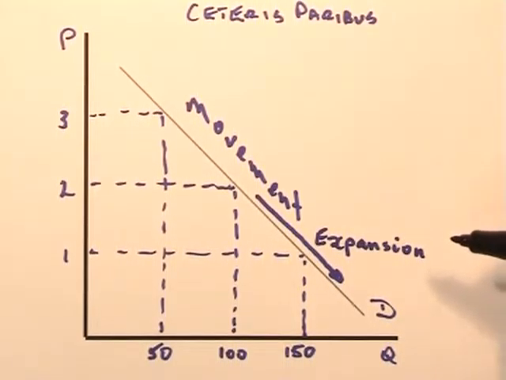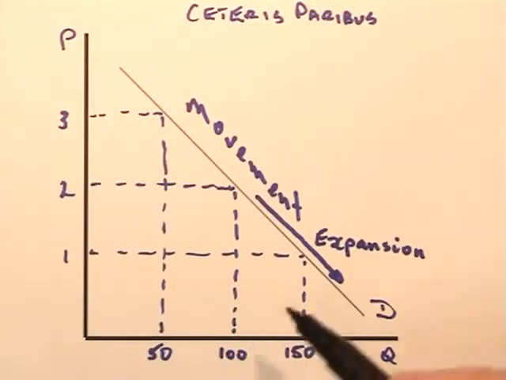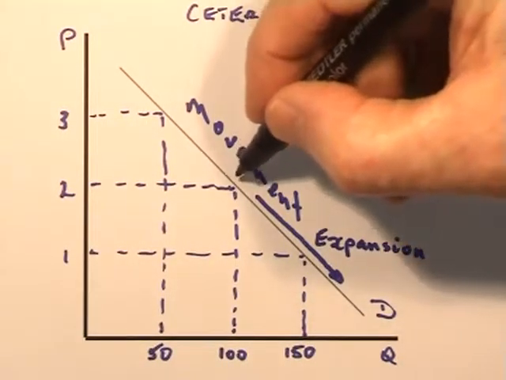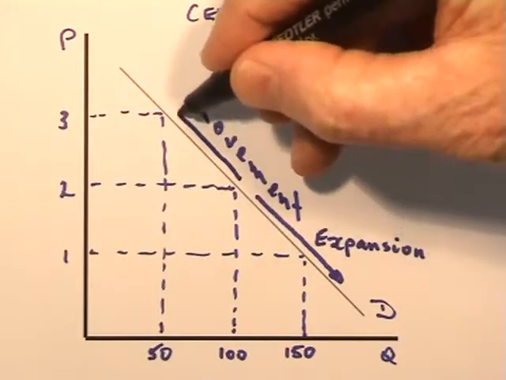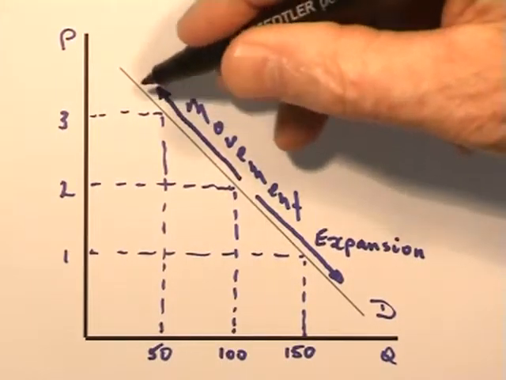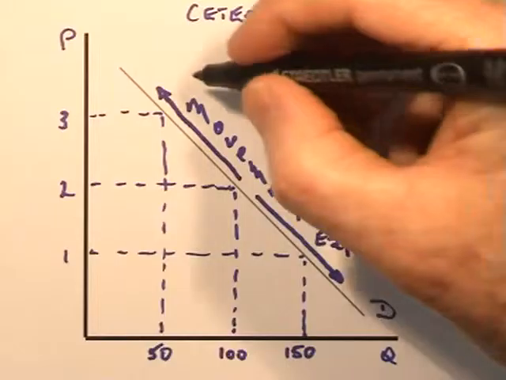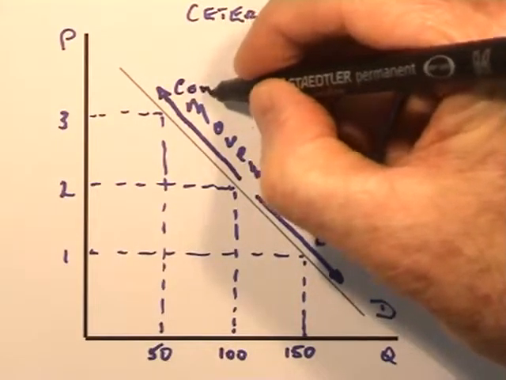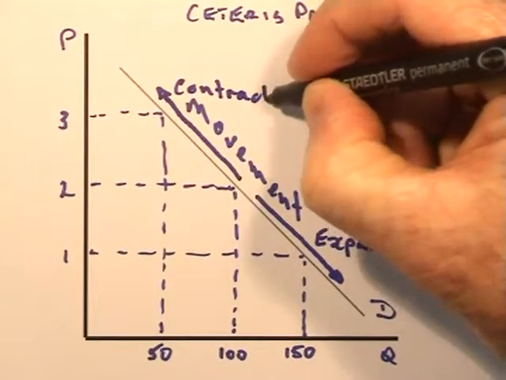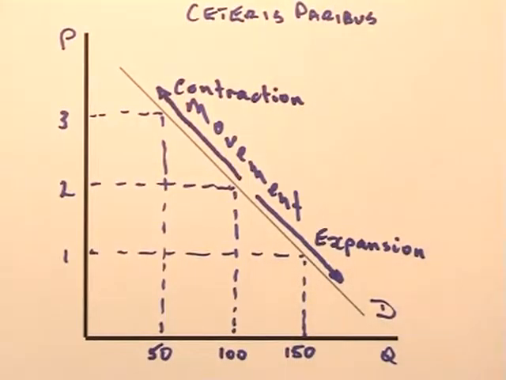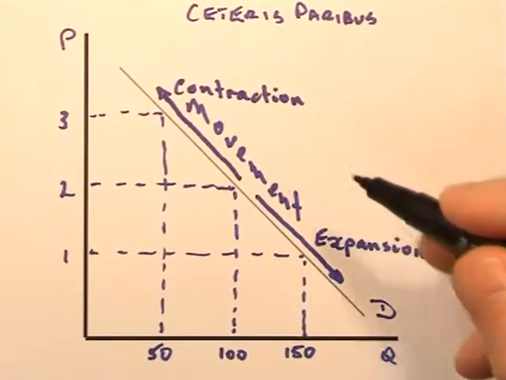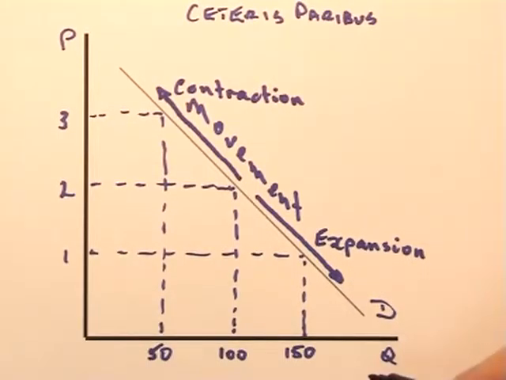On the other hand, as the price rises and the quantity reduces, we have a movement back along the curve, and this is known as a contraction. In other words, the quantity demanded by consumers has contracted rather than expanded, which we saw as the price moved downwards.